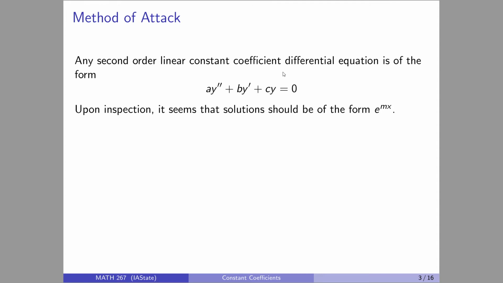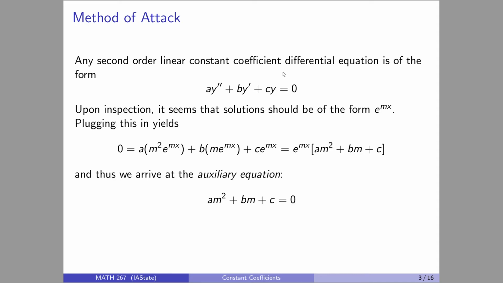Well, the derivative of e to the x is itself, so something that looks like that is probably a good guess. So, something that looks like e to the x, specifically e to the mx, where m is a number, it feels like solutions should probably look like that.